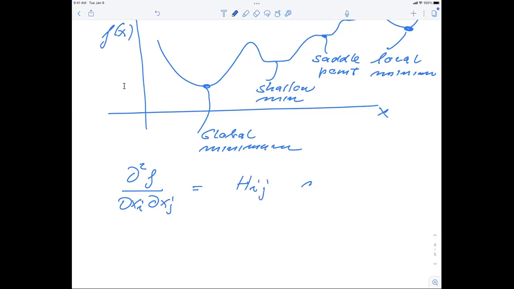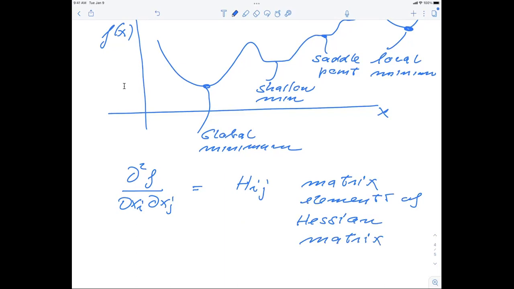So these are the matrix elements of the second derivative, and what you normally will find in the literature is something named the Hessian matrix. And that's why I'm putting an H on it.